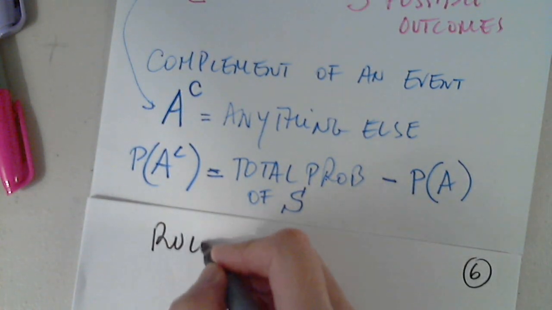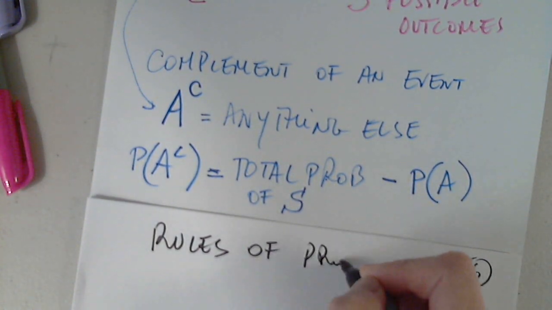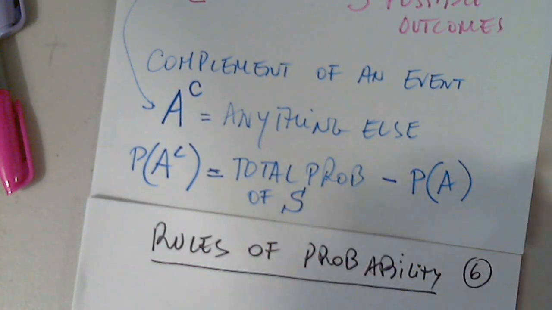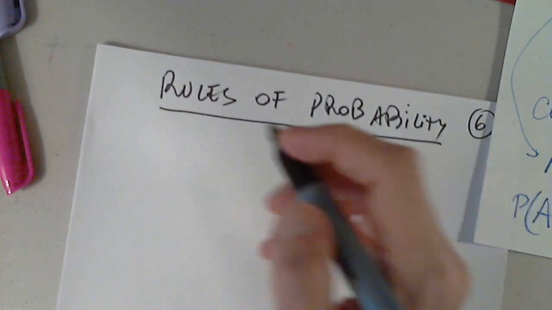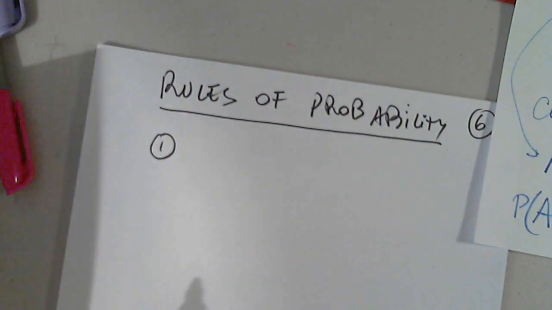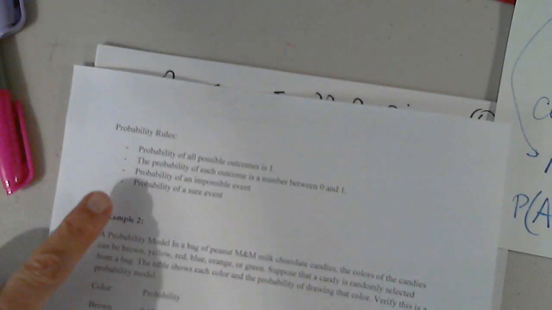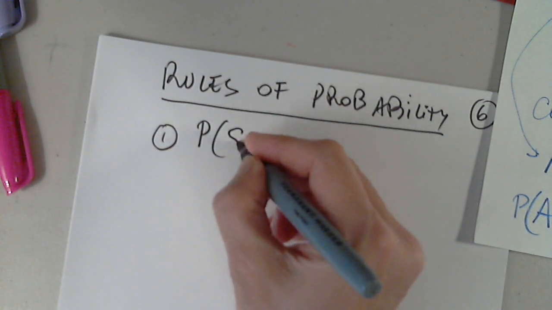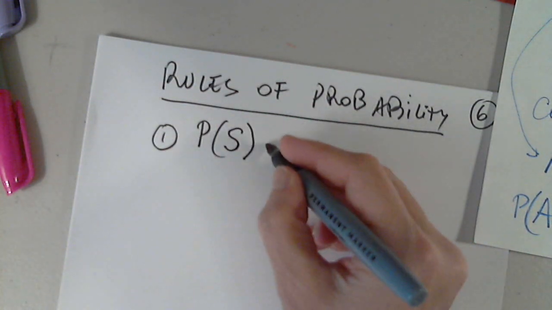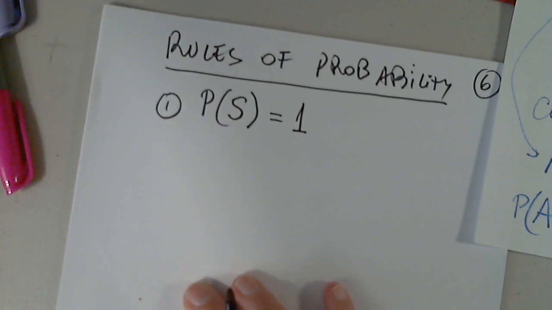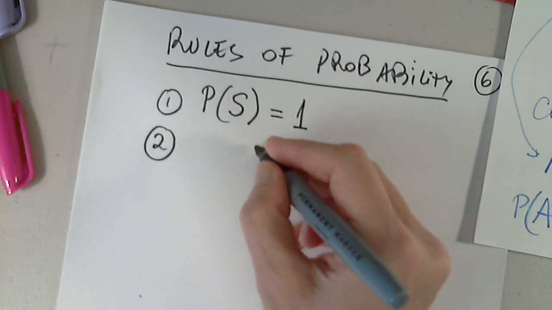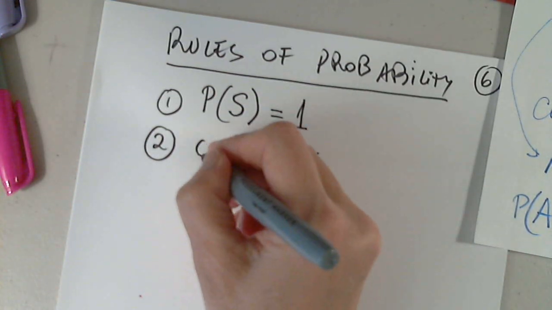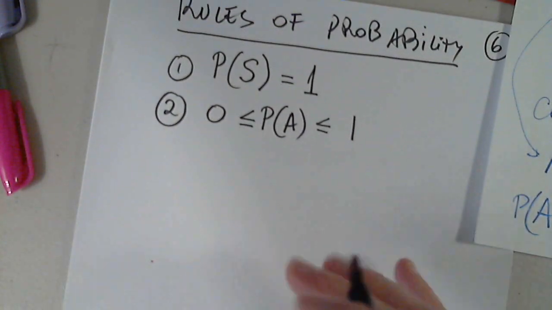So what are the rules of probability? The rules of probability are, number 1, and I have them listed up here at the top of page 4. The probability of the sample space, everything that can happen, must be 1. Number 2, the probability of any outcome or event, you name it, has to be a number between 0 and 1. It cannot be a negative number.